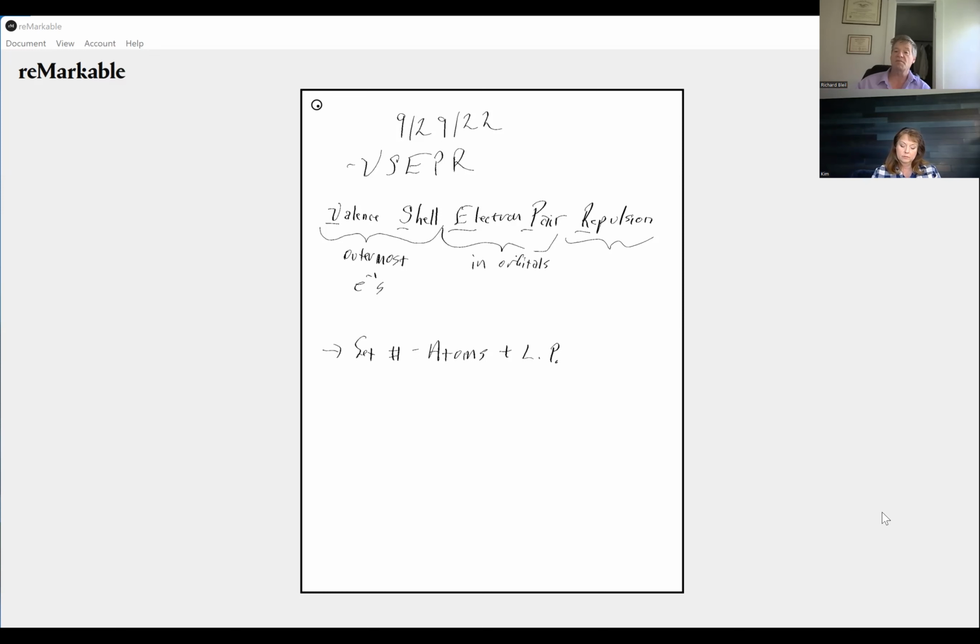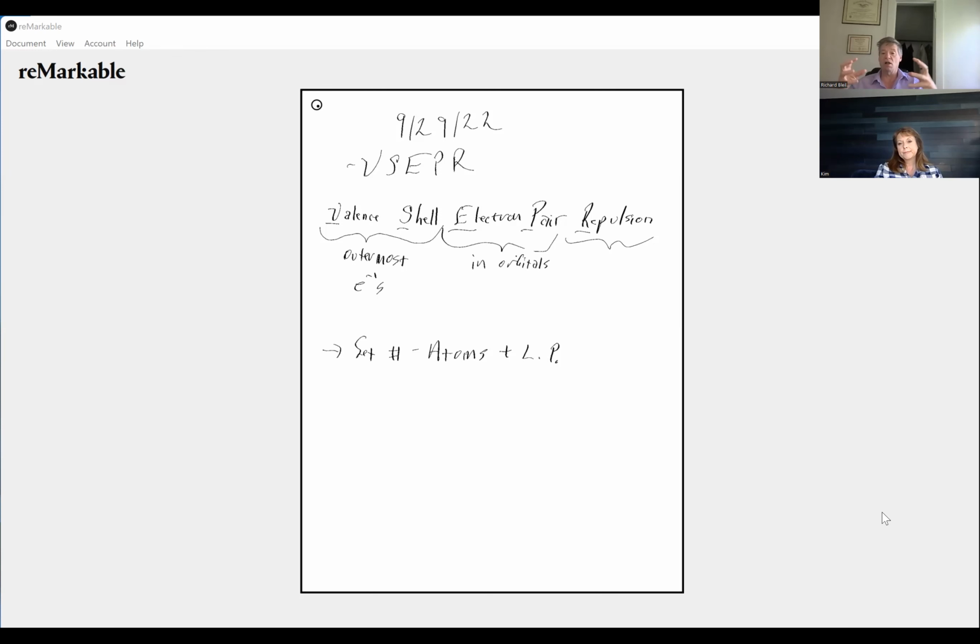Notice I'm not talking about bond order. Bond order means is it a single, double, or triple bond? Doesn't matter what the bond order is, because even if it's a triple bond, which involves 3 bonds, remember each bond has 2 electrons, no more, no less. So for a triple bond, we're talking about 6 electrons total, 2 for each of the 3 bonds.